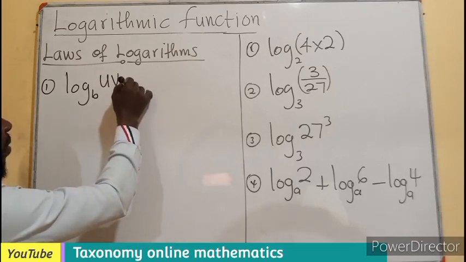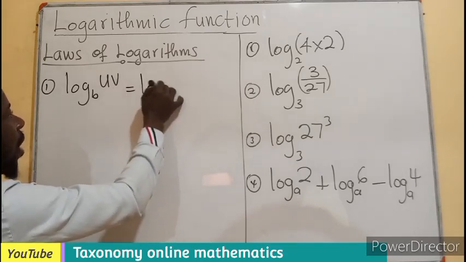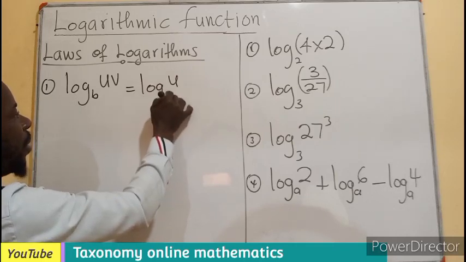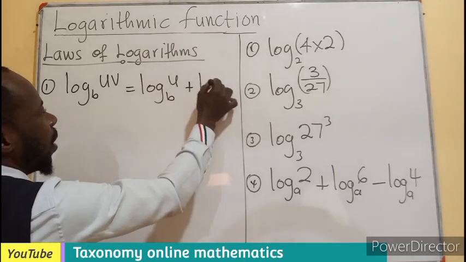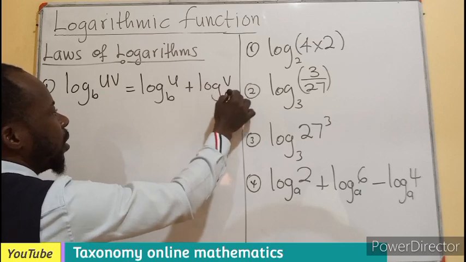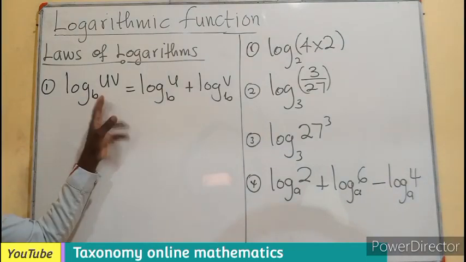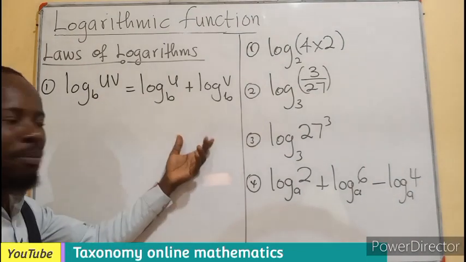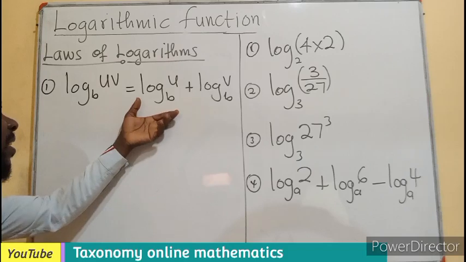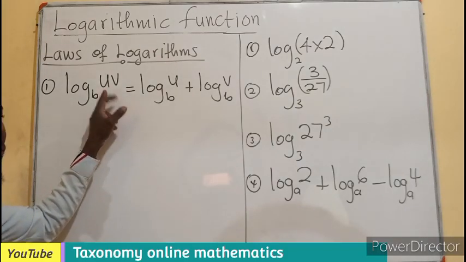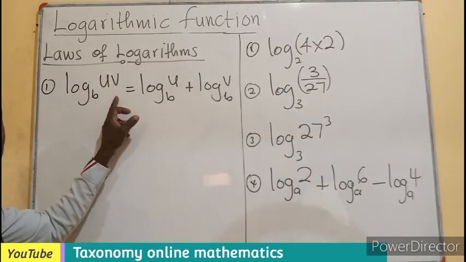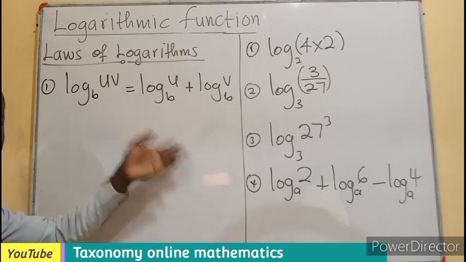We can write this as the logarithm of u with the base b plus the logarithm of v to the base b. That is what the law is saying: if you have a logarithm of the product of two numbers, it is the addition of the logarithms of the individual numbers.